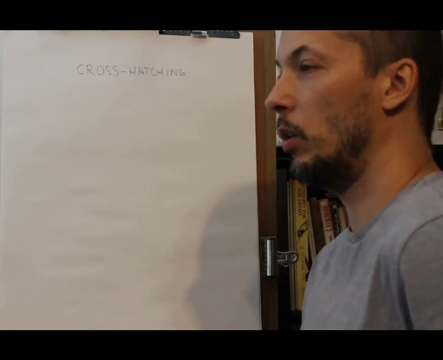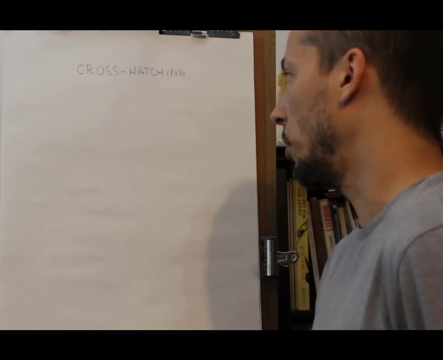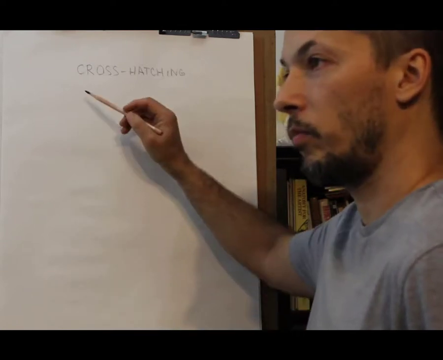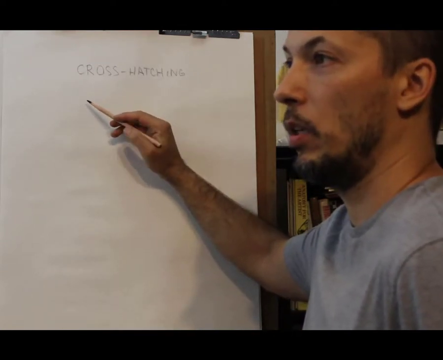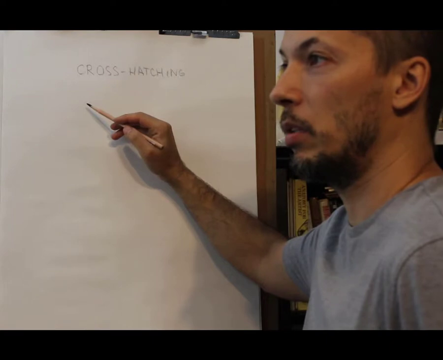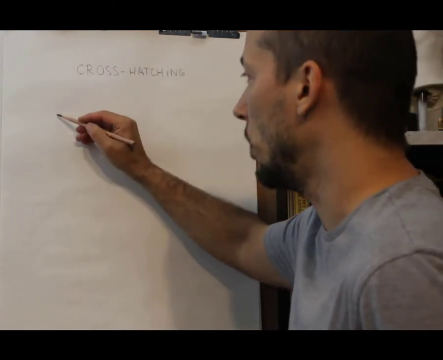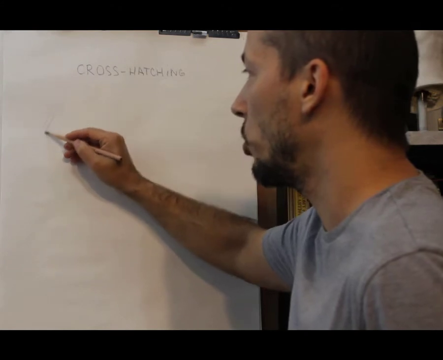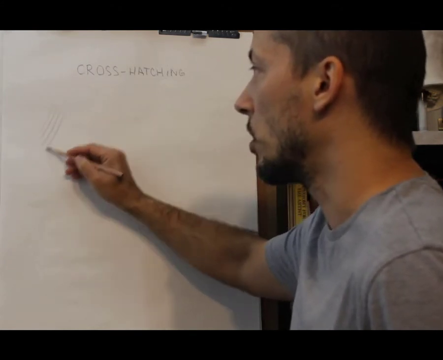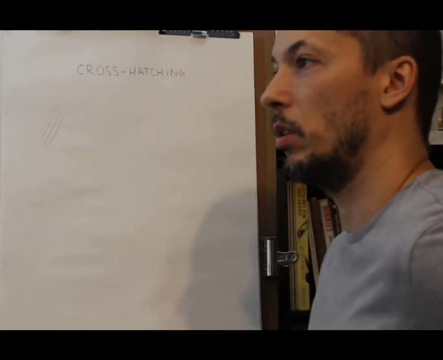So when I deal with cross-hatching, I think about, first of all, what it is. Cross-hatching means hatching marks, putting several marks in relationship to each other that suggests some kind of surface.